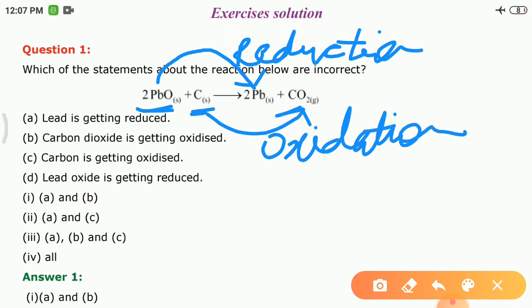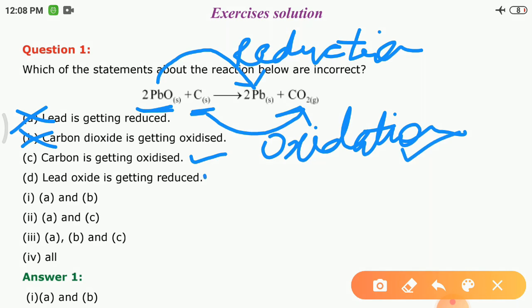Now we can see which one is correct and which one is wrong. A option is lead is getting reduced. So here it is wrong. Carbon dioxide is getting oxidized. It is also wrong. Then carbon is getting oxidized. Yes, it is correct, as we seen here. Then lead oxide is getting reduced.